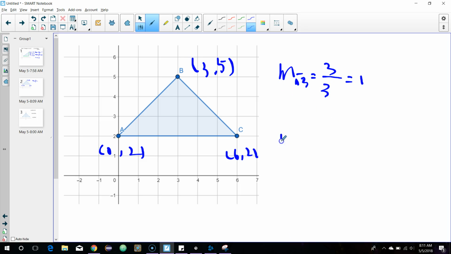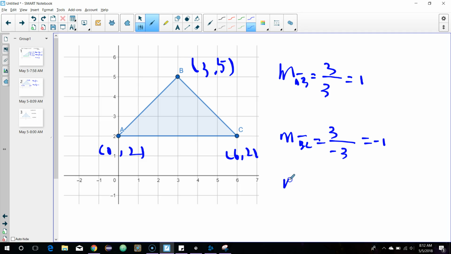And then the slope of BC is going to be 5 minus 2, and then 3 minus 6 is negative 3. Good. Negative 1. So that is definitely a negative reciprocal. And we can also check it, like I said earlier, some textbooks like to multiply these two slopes together to get negative 1.